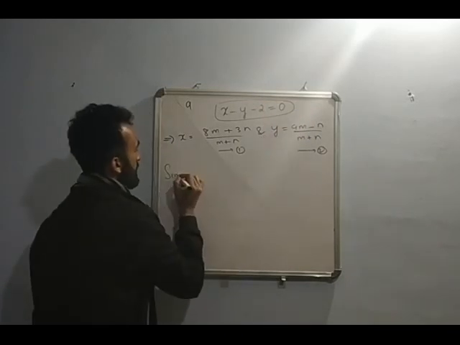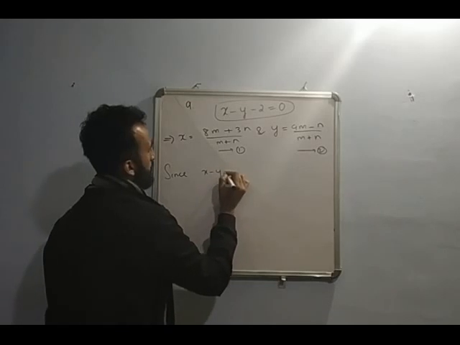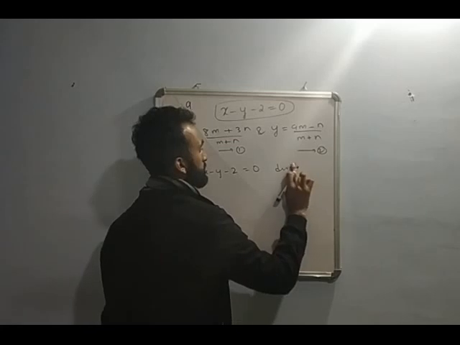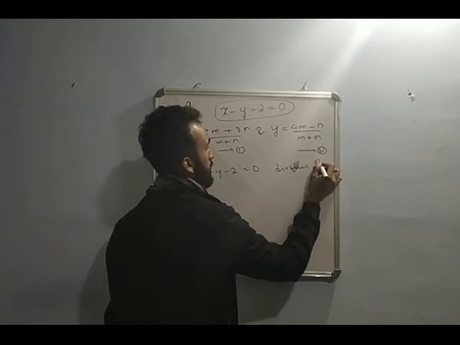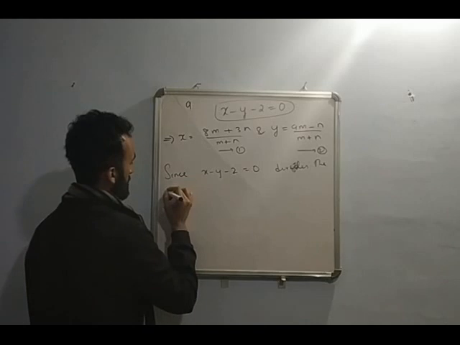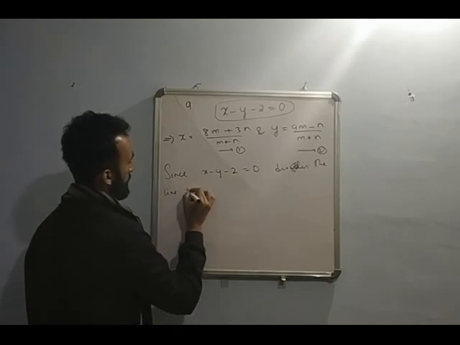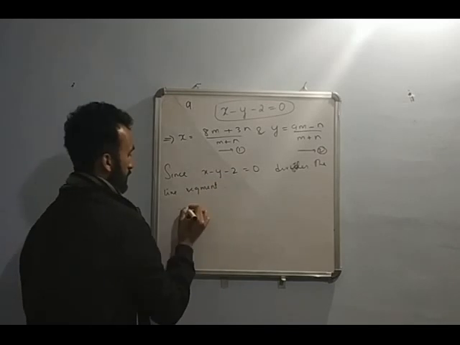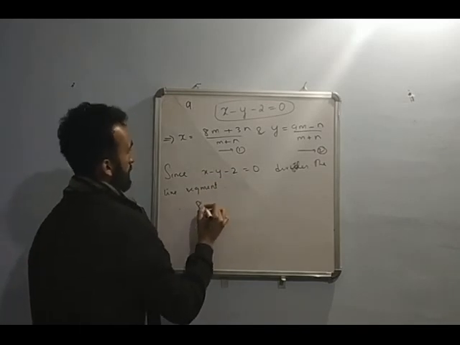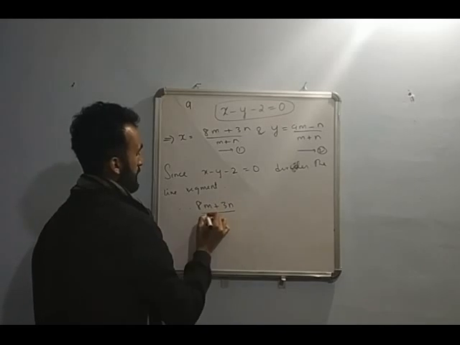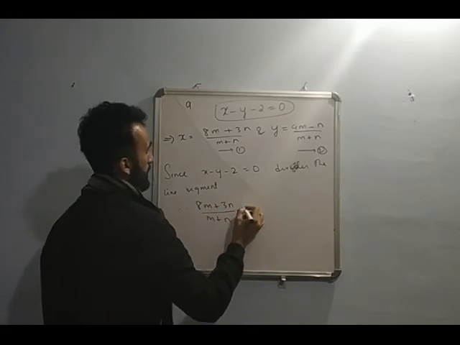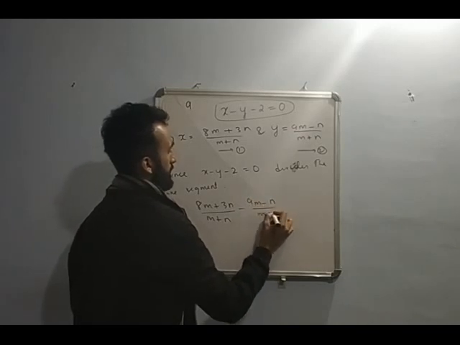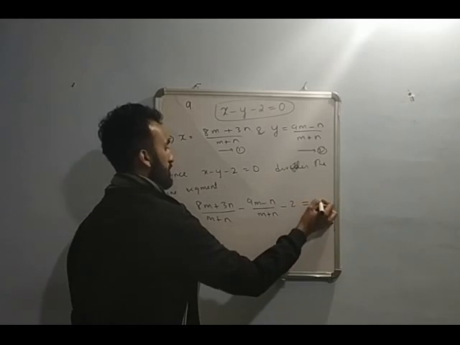Since x comma y minus 2 equal to 0 divides the given line segment, therefore 8m plus 3n divided by m plus n minus y value, 9m minus n divided by m plus n, minus 2 equal to 0.